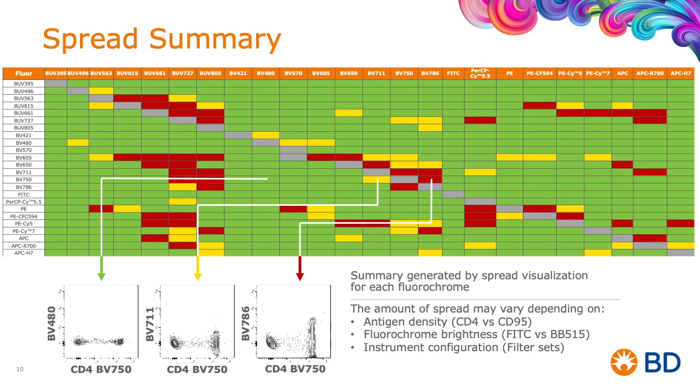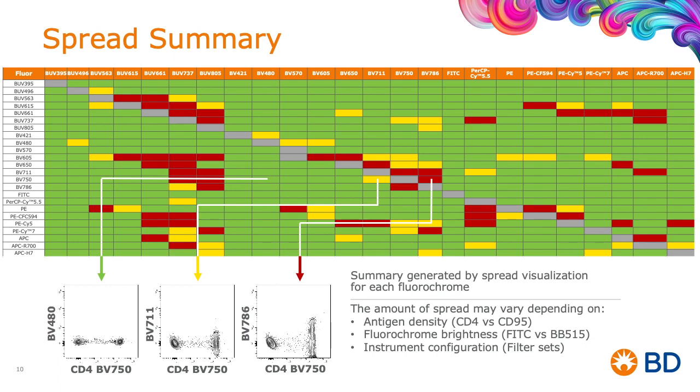Now we move along that row left to right, and each box will intersect a column on the top in the orange, for example, starting from BUV395, BUV496, and so forth. So you can move along that row, and that is indicating the amount of spread that BV750 introduces into each one of the fluorochromes on the column.